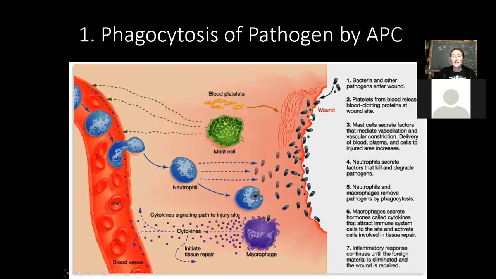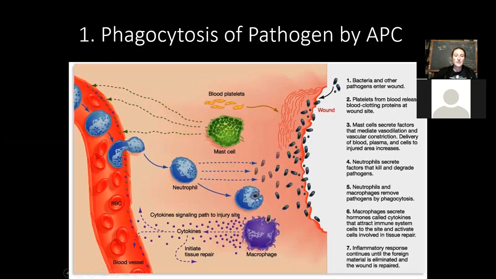We know that at the scene of damage to the surface barriers, invaders, so in this case we'll talk about a bacteria, can get into the skin. We know that neutrophils just kind of eliminate one of these and then die. The next one eliminates the next bacteria and dies, etc. Mast cells are going to release chemicals such as histamine, which increases the inflammatory response.